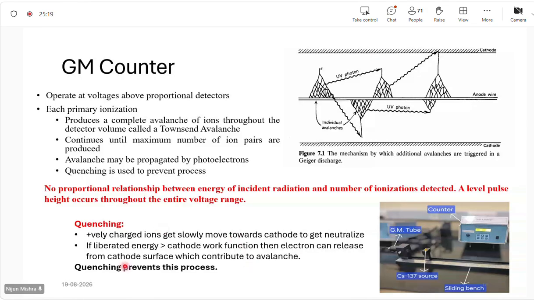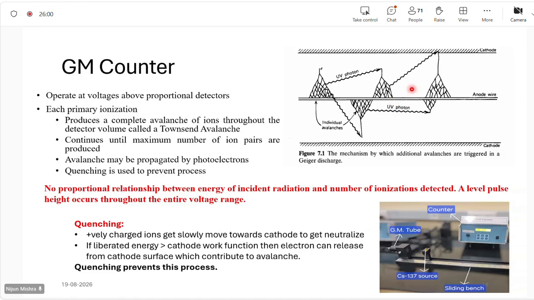Mainly two types of quenching are used in a GM counter: either external quenching or internal quenching. For external quenching, we need to keep the voltage down, like keeping the applied voltage lower. In internal quenching, we need to keep some quench gas inside the detector, so that when the positively charged ions are moving towards the cathode, they transfer their energy to that quench gas, and instead of the positively charged ion, the quench gas moves towards the cathode.